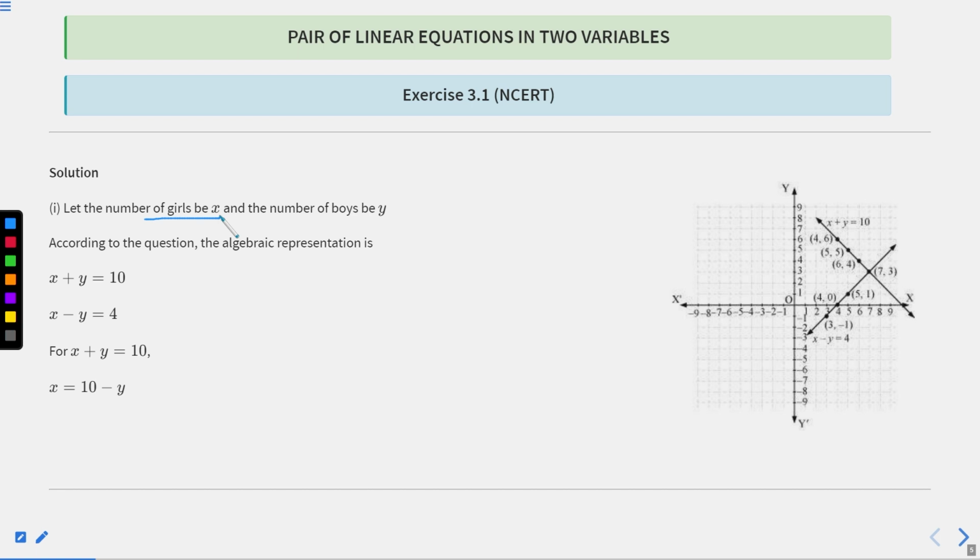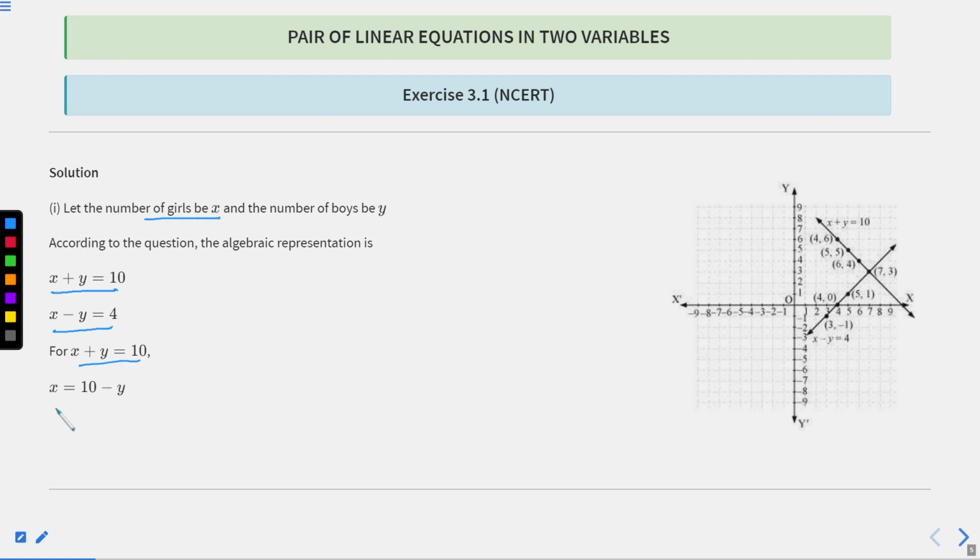According to the question, the algebraic representation is x plus y equal to 10, and x minus y equal to 4. So for x plus y equal to 10, here we can write the variable x in terms of y.